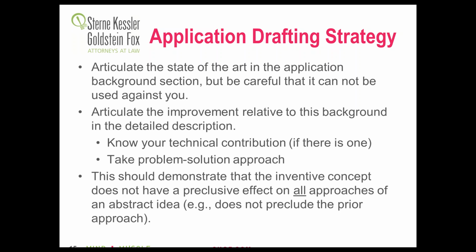You want to have enough in your application such that if the law continues to move in that direction, and your application is being examined a few years down the road, or if it's being enforced in front of a court a few years after that, you have enough in your background and in your application as a whole to survive that kind of a rigorous analysis.